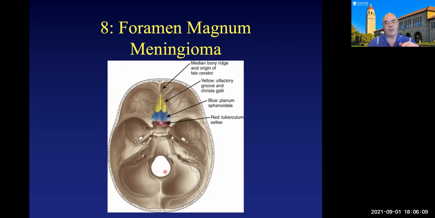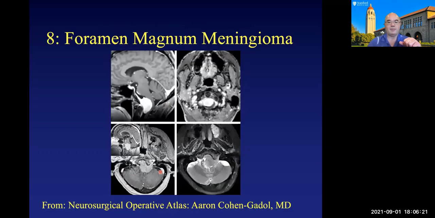So the Foramen Magnum is a pretty tight opening. It's a little bit thicker than your thumb, but not much more so. And the spinal cord is going out of that hole. So in terms of what a Foramen Magnum meningioma looks like, this is a couple of different views from the Neurosurgical Operative Atlas.